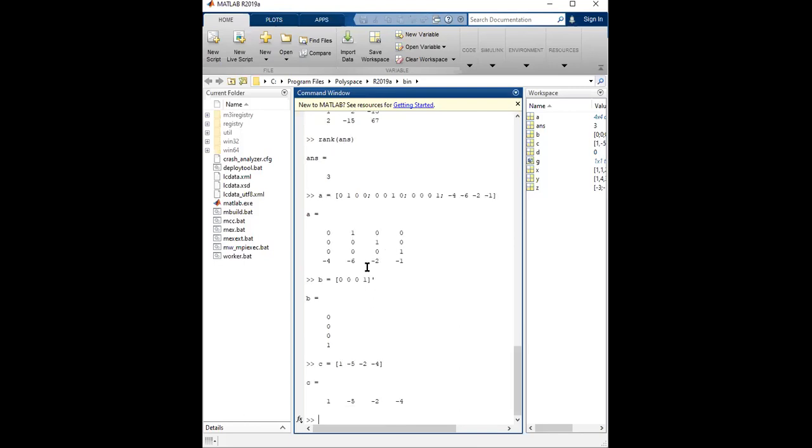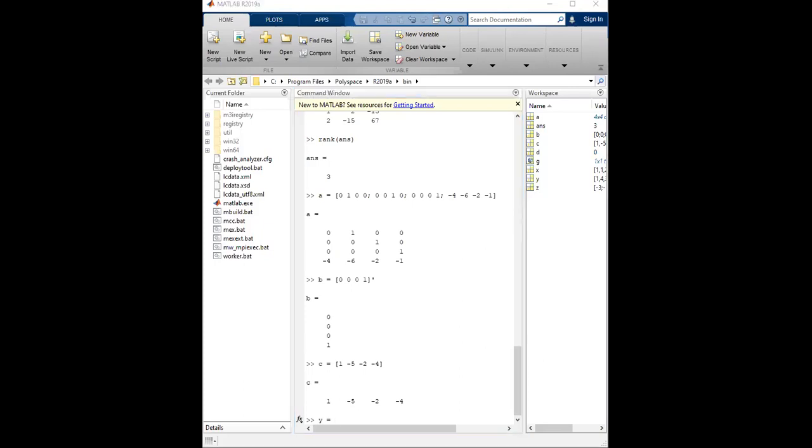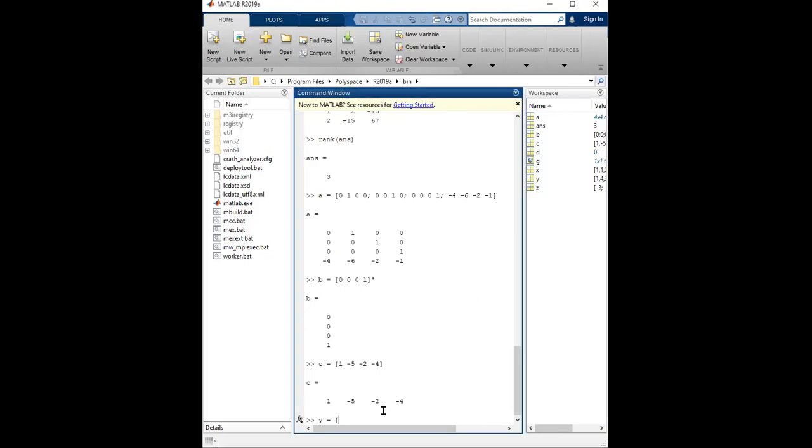That's our C. And then our Y: Y equals square bracket C. Then the next one is C times A. Then the next one is C squared times A. Four of them we must have.